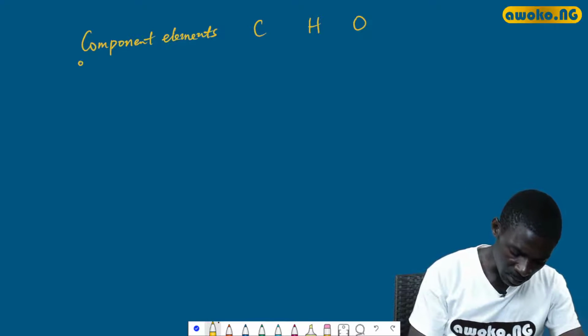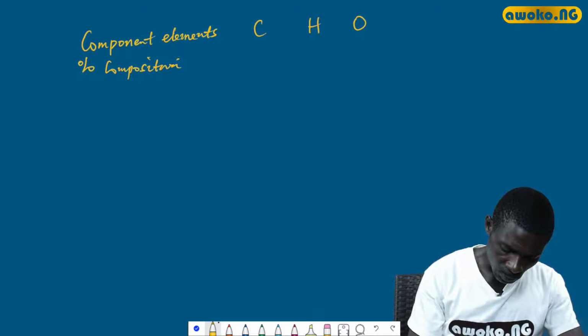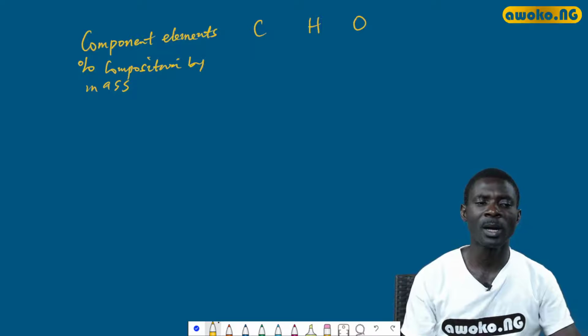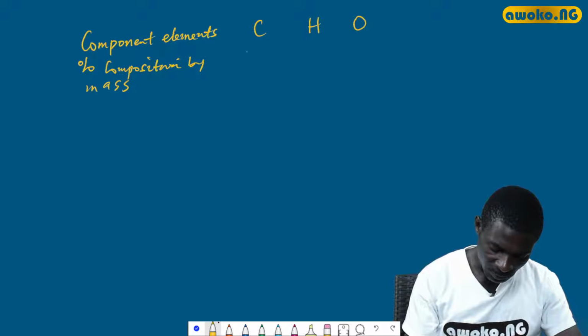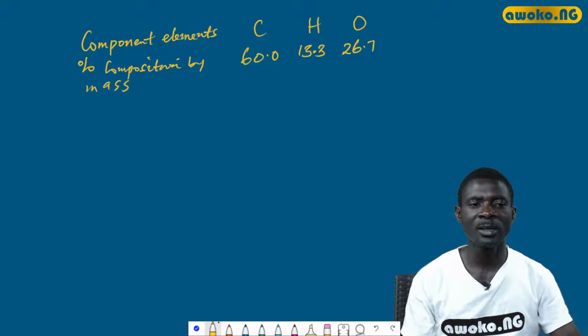Then the percentage composition by mass of the individual elements: carbon is 60.0, hydrogen is 13.3, while oxygen is 26.7. So these are the individual percentage compositions by mass.